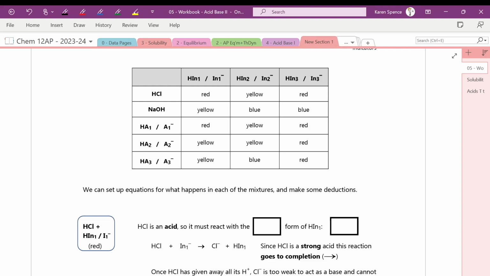Okay, baby, HI2 stronger or maybe just good. No, HCl is greater than.